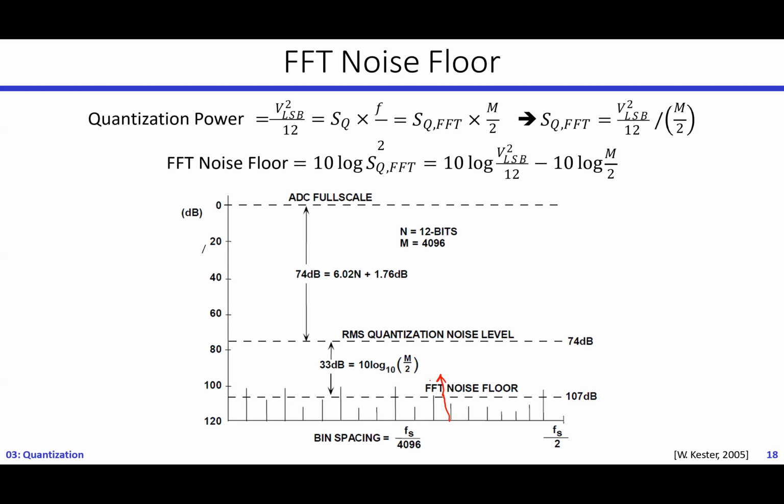If I reduce the noise floor level caused by quantization with a higher FFT, I will be able to see this harmonic and know that there is something wrong in my ADC that I need to fix in my design. So that is the advantage. Okay, is that clear?